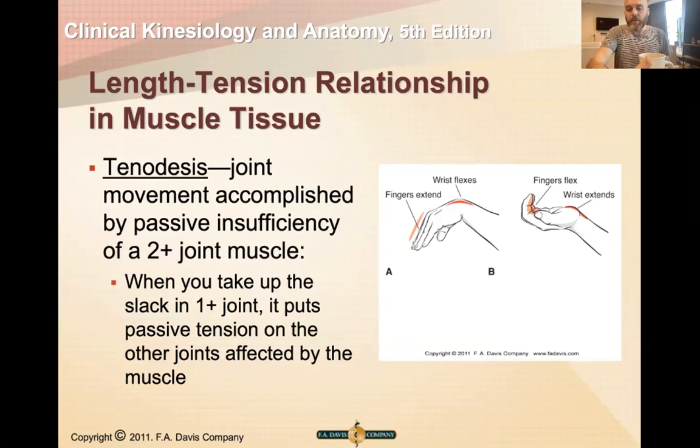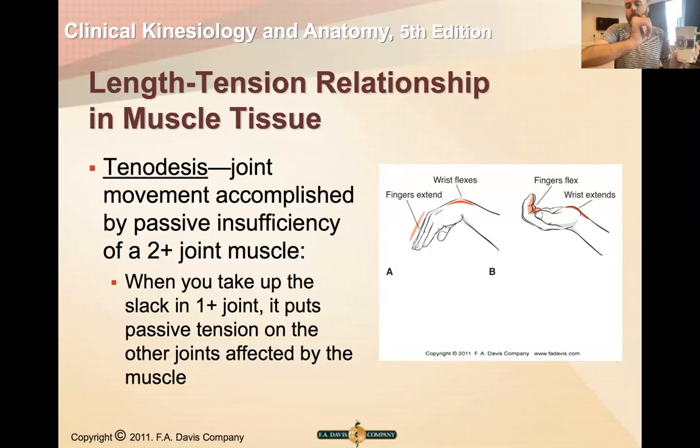And then what they're going to do, they're going to extend. They can't grasp the cup, but they're going to do the opposite of what we do. They're going to extend their wrist as much as they can. Well, look what happens at rest when I extend my wrist. My fingers flex. Can y'all see that?